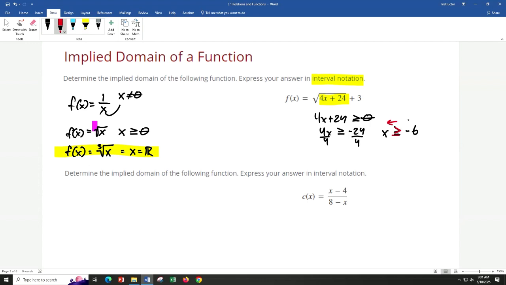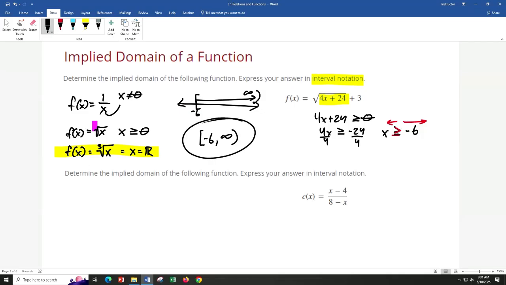But look at where his butt's pointing. That's the direction your line would be going. So if I decide to graph this just really quickly, I could put a negative 6 right here. Because I have an or equal to, I'm going to go this direction and then close it off. And so there's my interval notation: -6 to infinity.